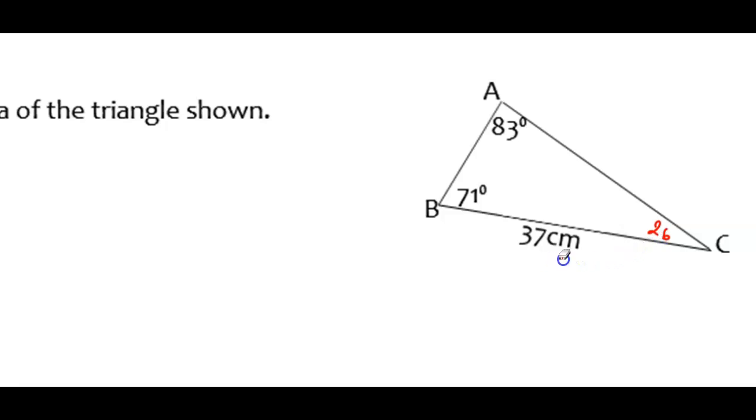So now I can use the law of sines to find a missing side. So I'm going to say 37 over sine of 83 equals side B over sine of 71.